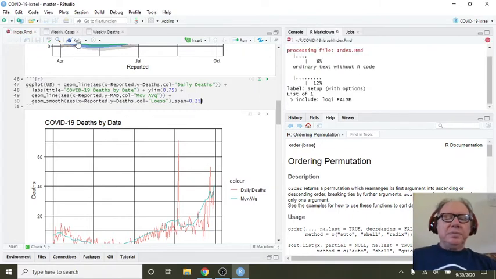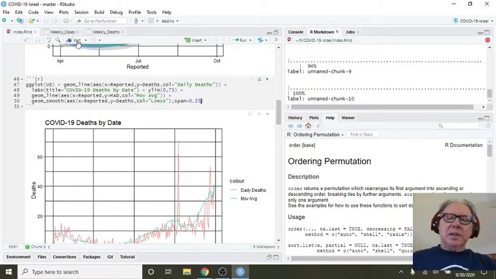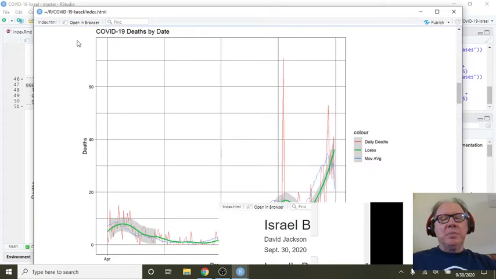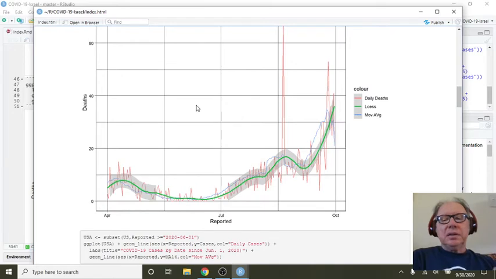Let's see how it looks now. In some ways, to be honest, I think probably the lowess is more accurate than the 14 moving average. It's a little smoother. One thing you can see is the depth here. You can see the more detailed following for the 14 moving average.